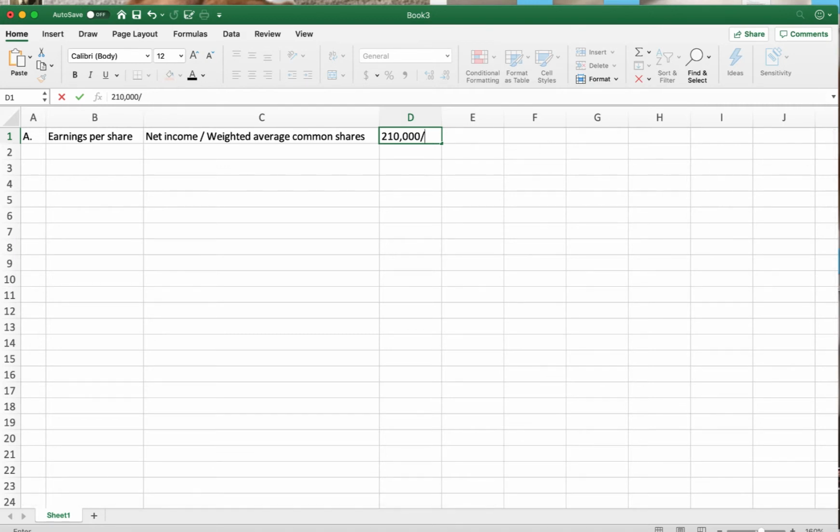Well, in order to find that information, I need to go to the problem, and if I read through it, they give us some additional information, right? It says that they want us to compute the following ratios for 2017. And they tell us, hey, by the way, the weighted average common shares in 2017 were 62,500. That's our number.